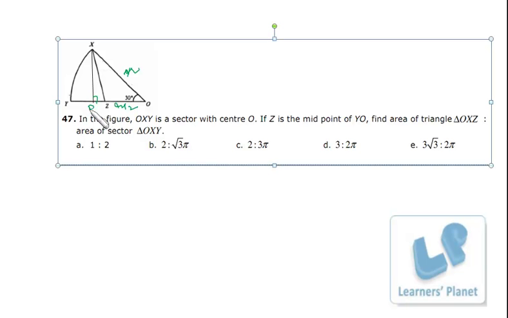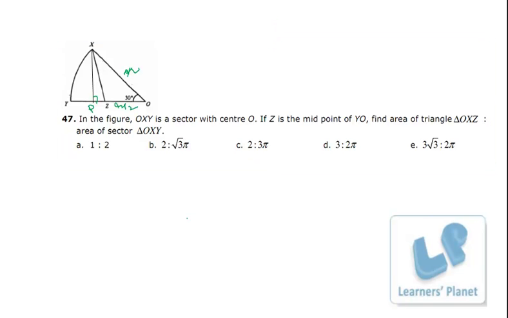Suppose this point is P. In triangle OXP, this is length R, XP we have to find out, and this is angle 30 degrees, right?